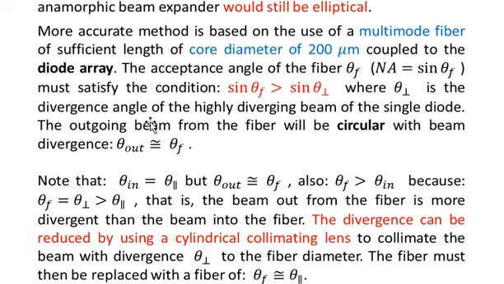So here we have two beams with the same diameter, and of course the same divergence, because we have produced circular beams. That is, the diameter of both the beams, the vertical beam and the horizontal beam, will be the same, and the divergence will also be the same, that is theta out will be equal to theta f.